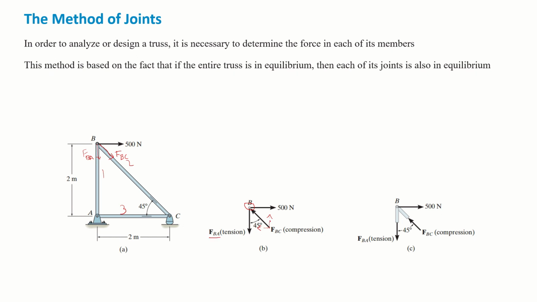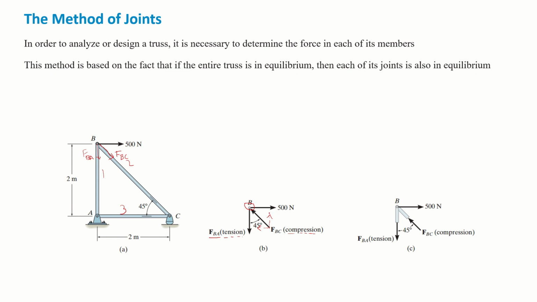You can see the FBC Y component is on the upside, whereas FBA is on the downside. If a force is pointing towards a joint, it is a compressive force. And if a force is acting away from the joint, it is a tensile force, tension force.